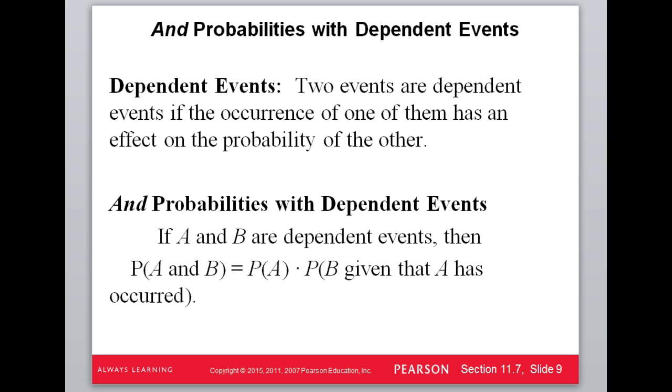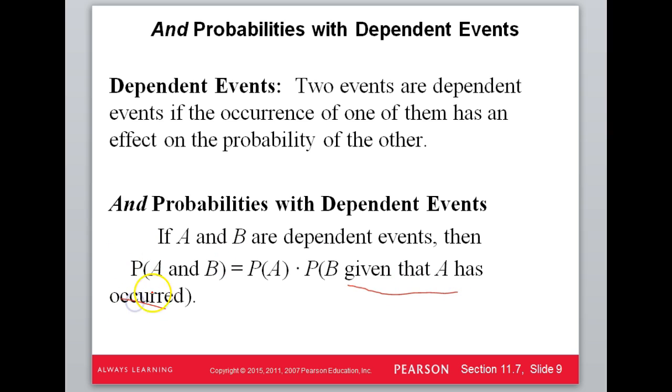Alright, 2 events are dependent events if the occurrence of one does have an effect on the probability of the other. So before, when they're independent, one happening doesn't change the probability of the other, but now they do. So when that happens, instead of just multiplying them together like we did before, notice this is now the probability of B given that A has occurred.